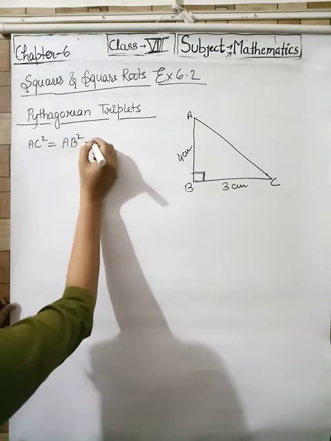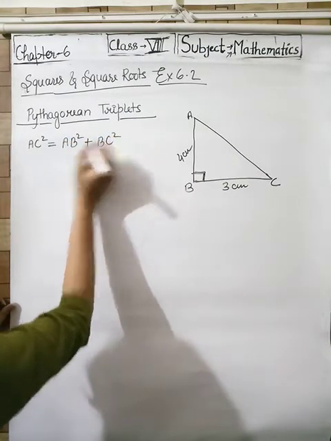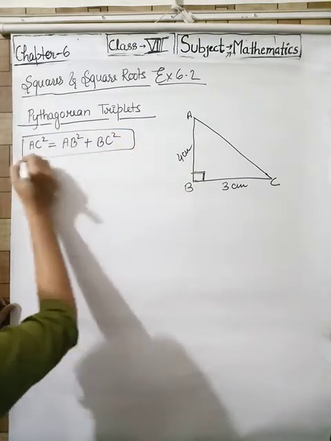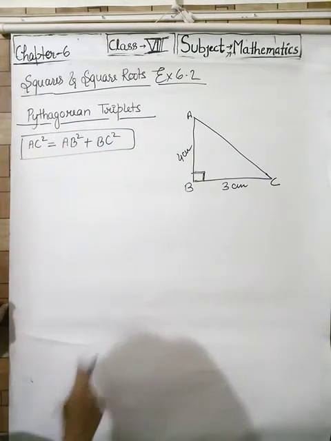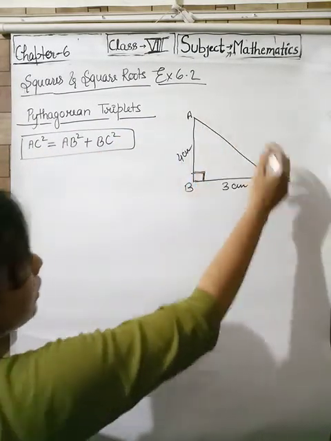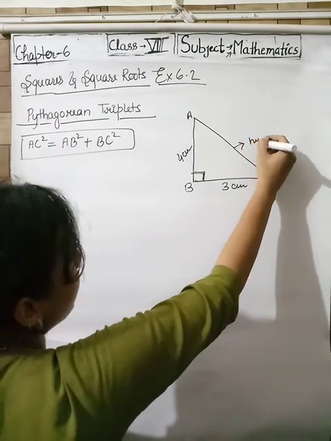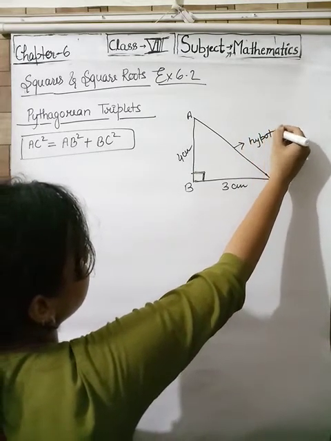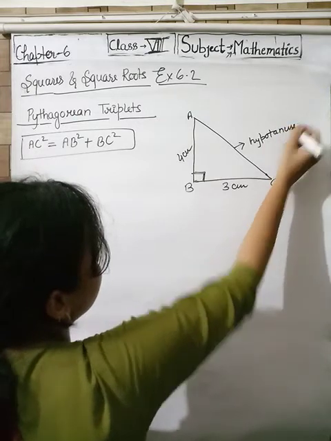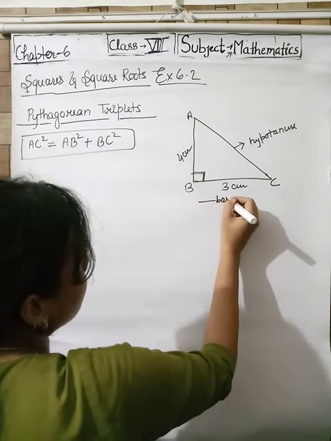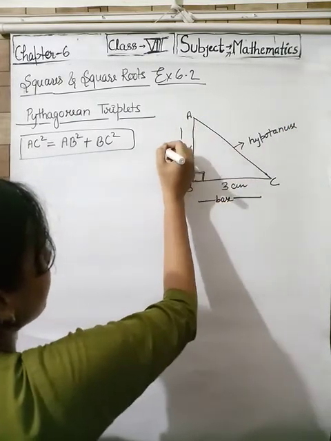This is the Pythagoras property. That means in a right angle triangle, this is the hypotenuse, this is the base, and this is the altitude.